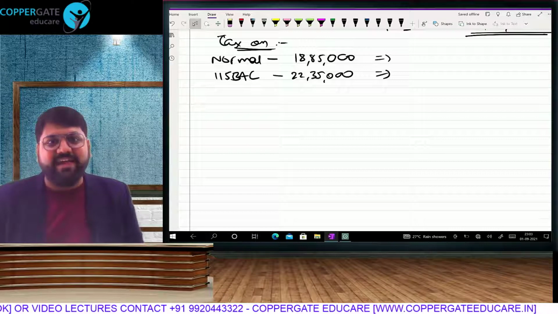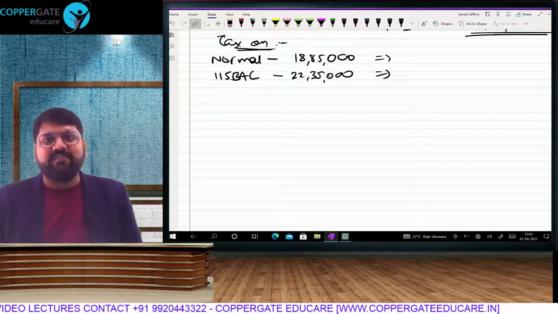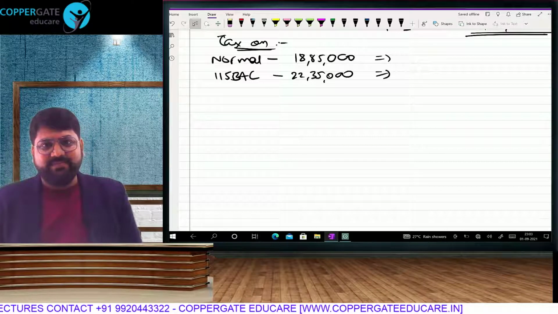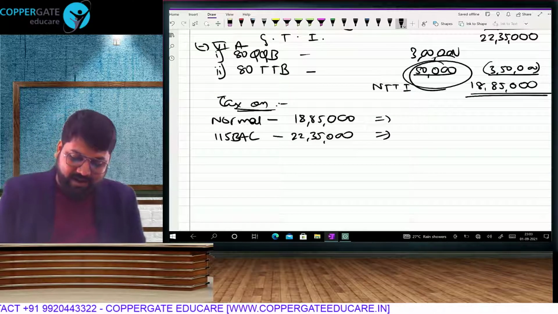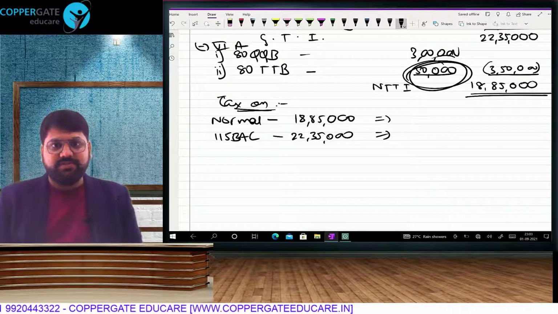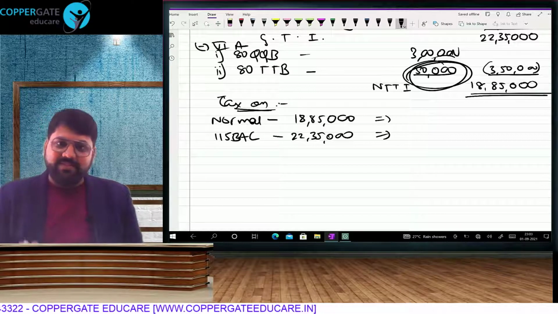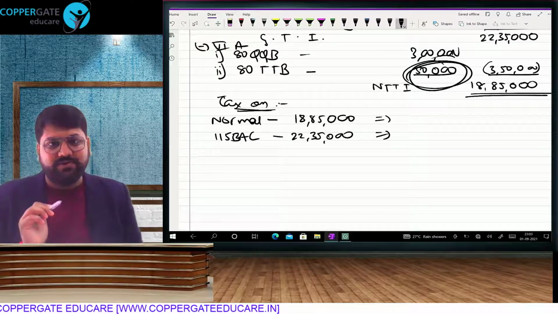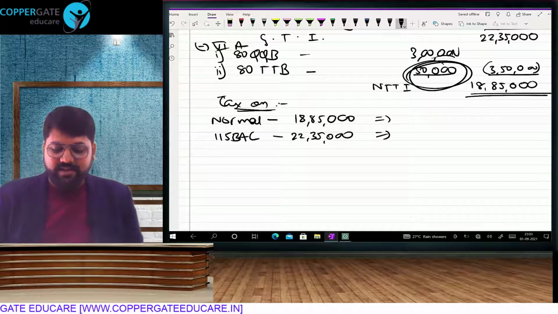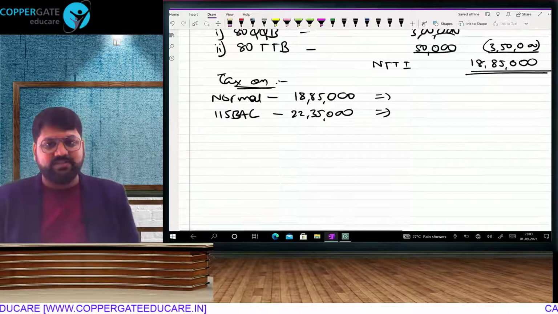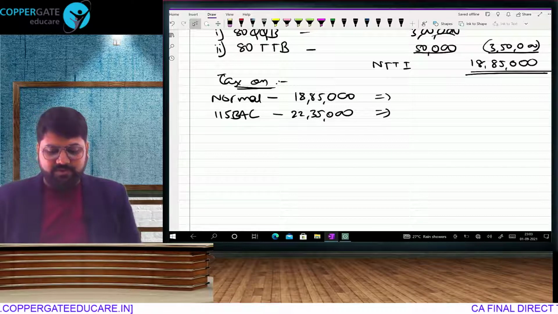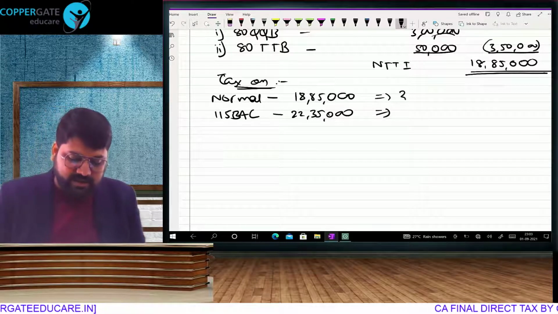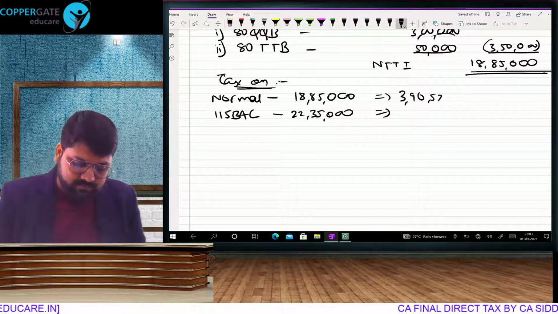Sir, why 1,10,000, sir? Mr. Vikas. If you were wrong here, if you did 80TTA here, then you will be wrong here also. Because you have not seen that Mr. Vikas is already 60 years old. Ladies and gentlemen, 1,10,000. And of course, you will add 4% cess. 3,95,20.